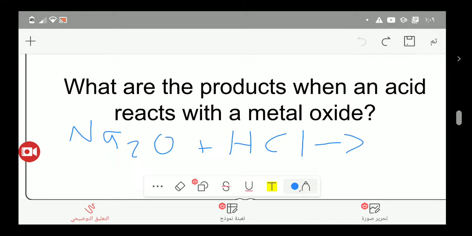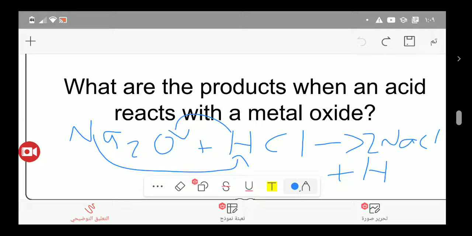As we said before, the metal will make a displacement reaction with hydrogen, and 2NaCl will form, which is a salt, and hydrogen will combine with oxygen and form water, H2O.